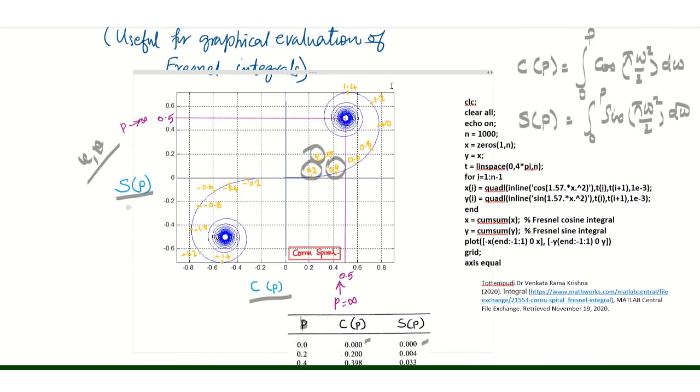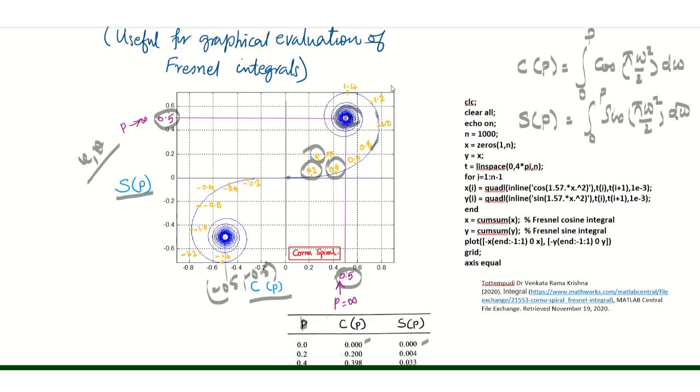That is what is shown here. The value goes up and up, then it spirals down, down, and at this point, when you get to infinity, you get 0.5 as the limiting value. This is the same for minus 0.5. Here you have minus 0.5, minus 0.5.